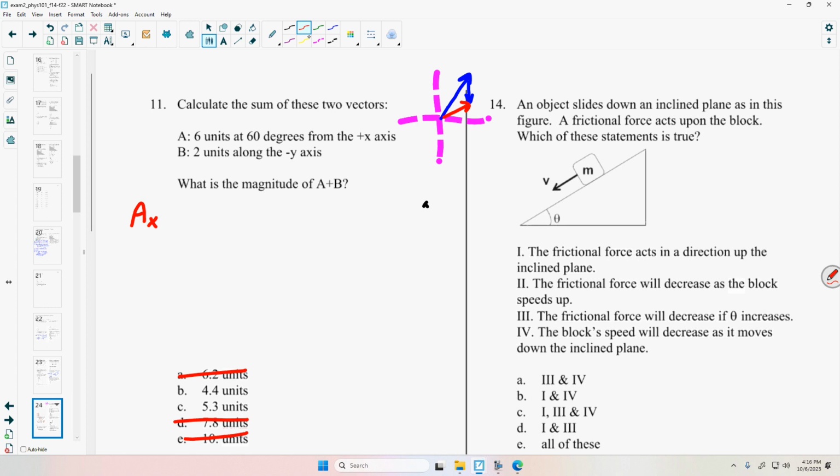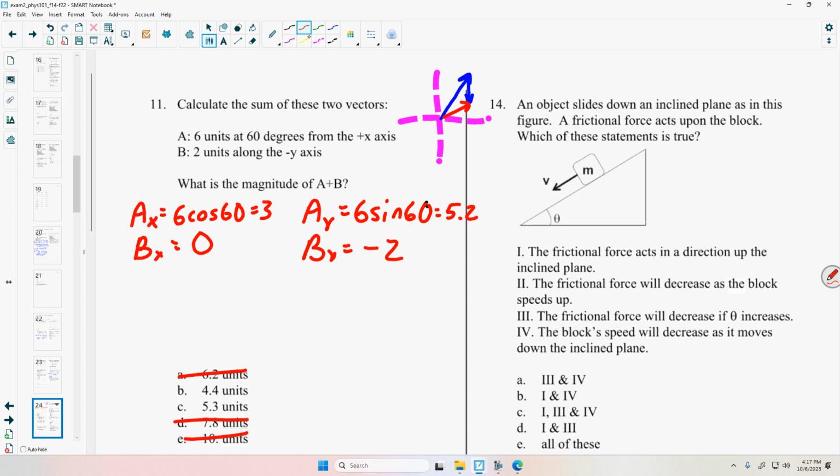Ax, Ay, that's 6 cosine of 60, 6 sine of 60. That's 3 and 5.2. And then the same for B. Bx is equal to 0, and By is equal to negative 2.